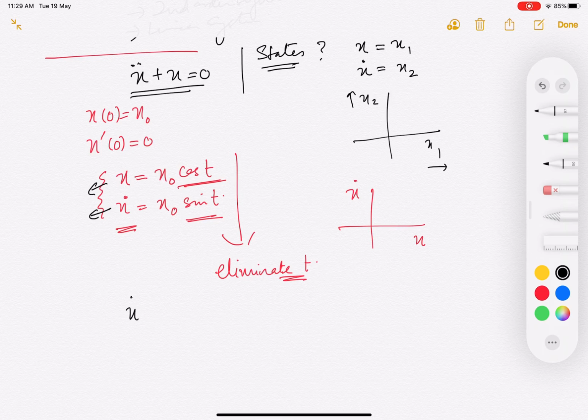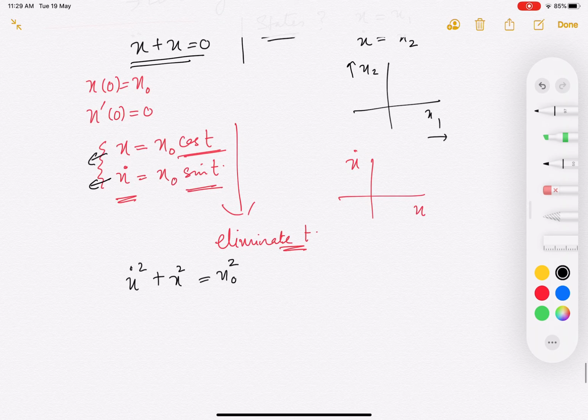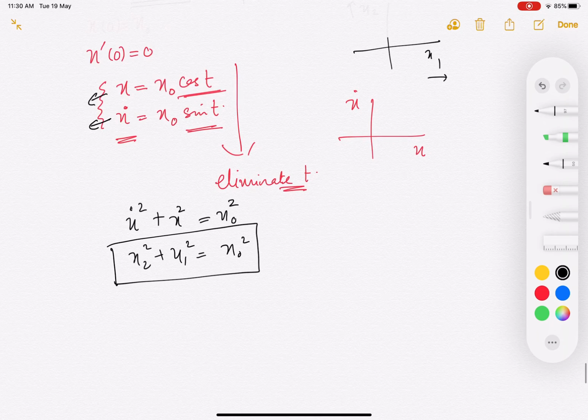You get x dot square plus x square is equal to x0 square, and in terms of the state variables x1 and x2, I get x2 square plus x1 square is equal to x0 square. Now this will help me draw the phase portrait, because what this tells me is that if I plot x2 with respect to x1, it's a circle of radius x0.